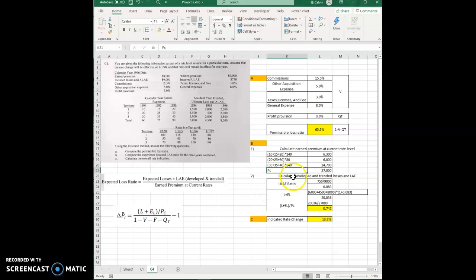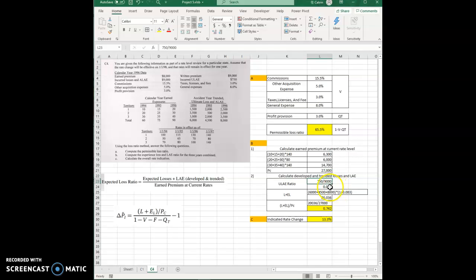And secondly, we need to calculate the developed and trended losses and LAE. For this question, the incurred losses and LAE is 9,000, but the ULAE is not included, so we need to figure out the ULAE ratio. We use the amount of incurred ULAE divided by the incurred losses and LAE, which is 750 divided by 9,000.